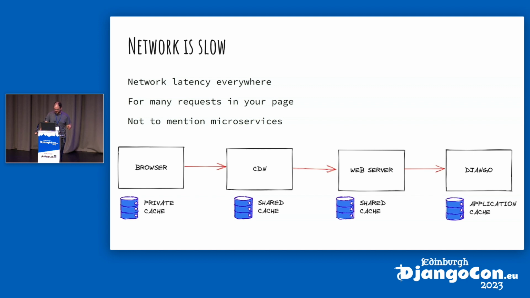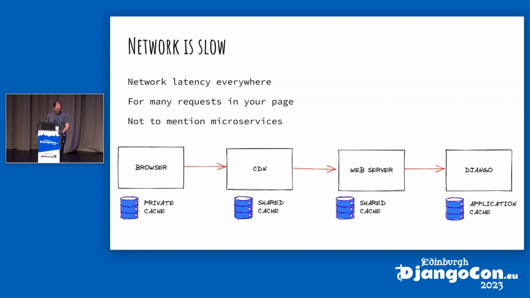If you have microservices in your application side, you are adding other network connections and requests, and it will always be a bit slower. Of course, you can do that, be good enough, but it's slower.